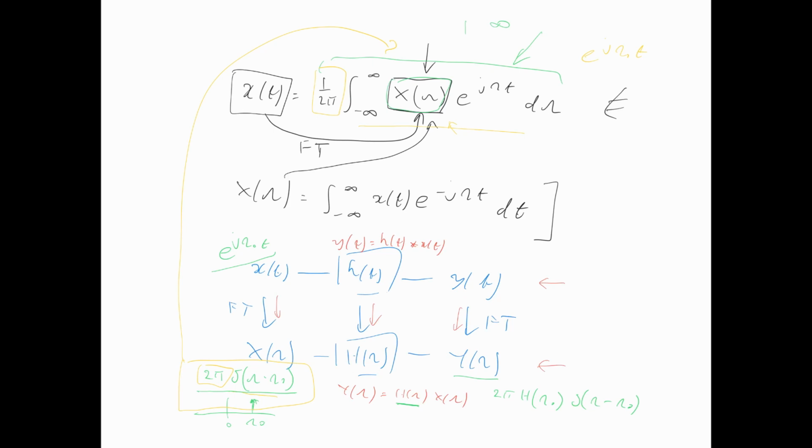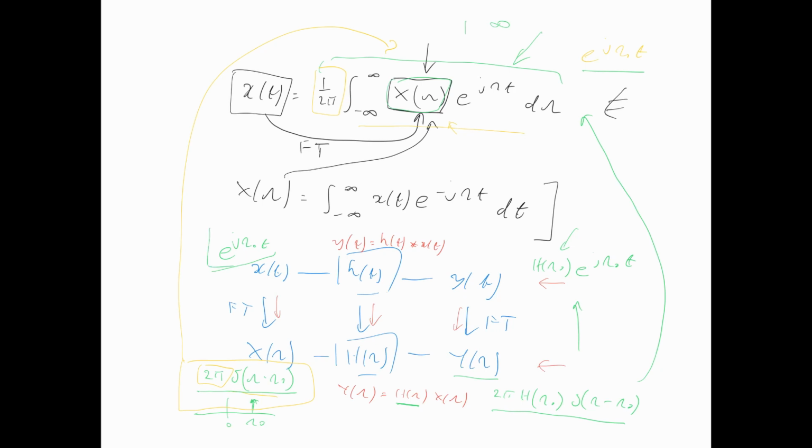And then the final output of my channel y of t is just the inverse Fourier transform of this expression here. As we said just before, it's very easy to evaluate the inverse Fourier transform of a Dirac delta function. It simply pulls out individual terms here. And so we find that our output y is actually H of omega naught times e to the j omega naught t, agreeing with how we defined H of omega in the beginning.